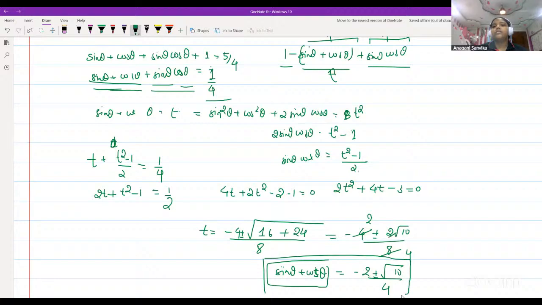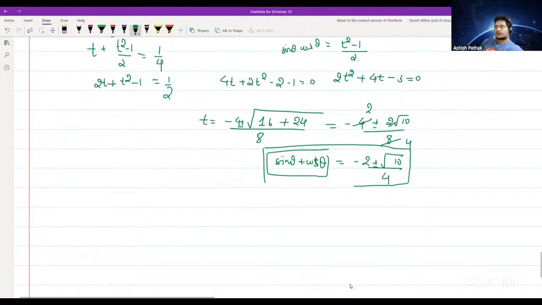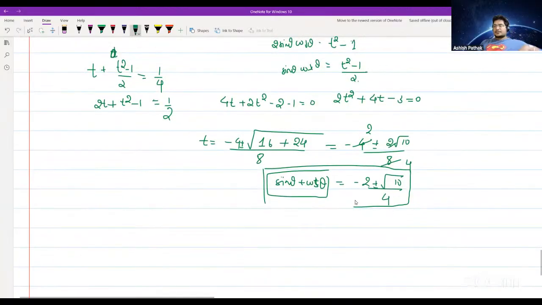Now we will do the squaring of this one. And now let's understand which value we will take. Shall we take the negative value or the positive value?